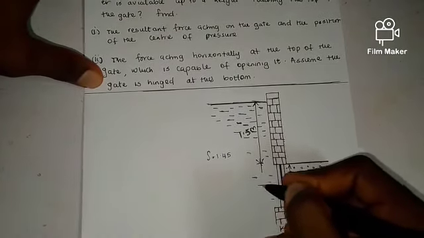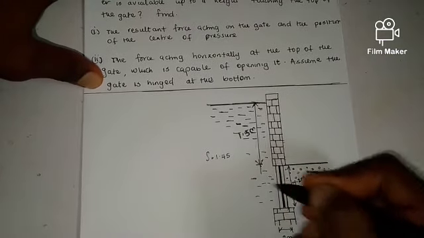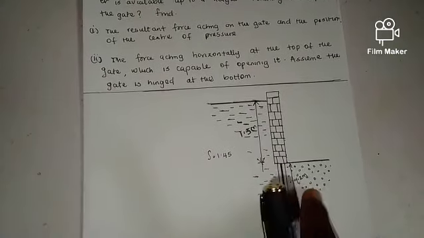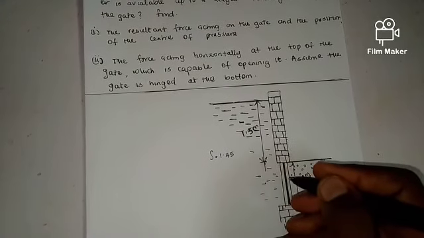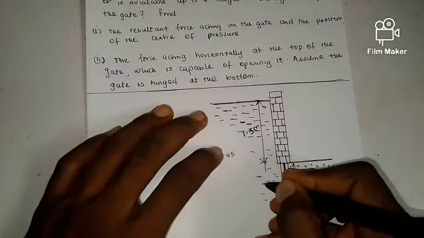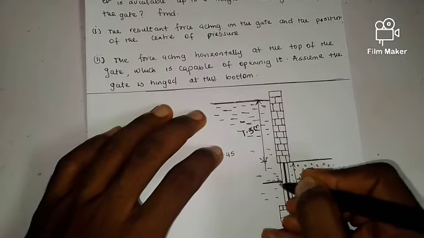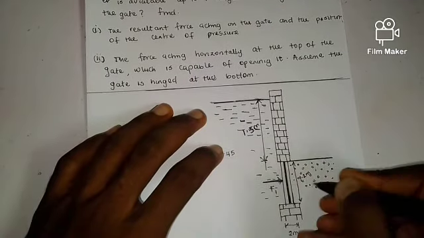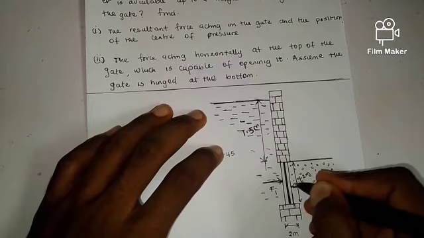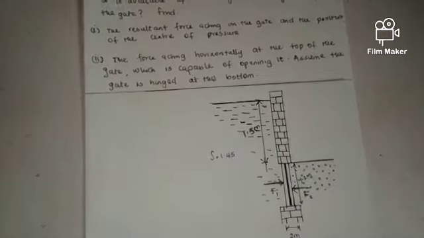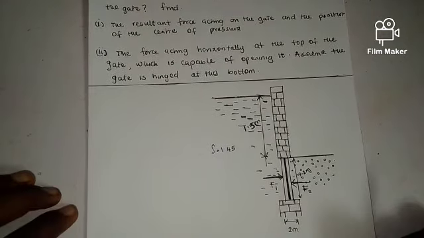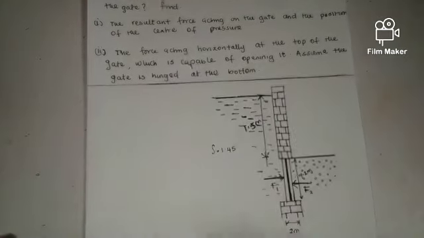Don't mind my diagram. Let's indicate the force of this liquid acting on the gate as F1, and that of the water as F2. This is basically how to express this whole thing we read.